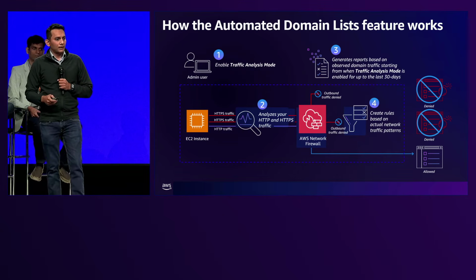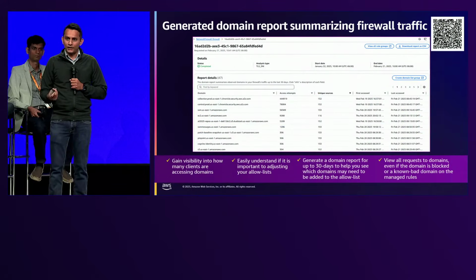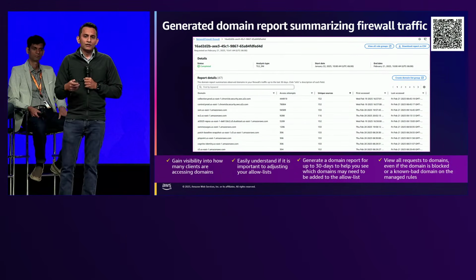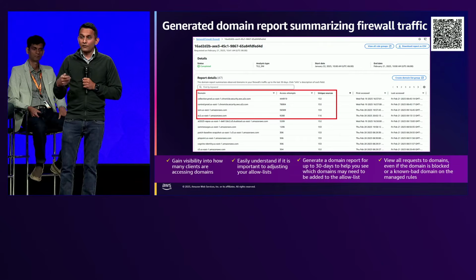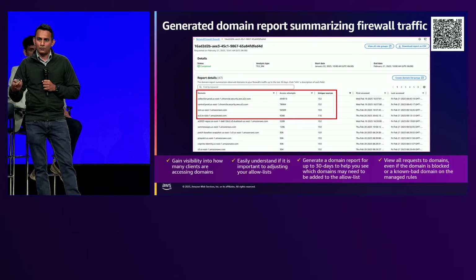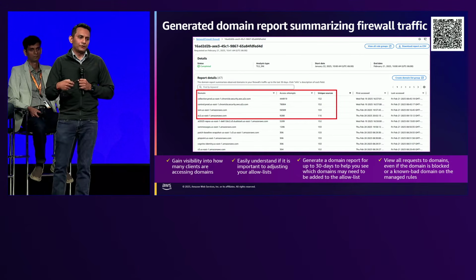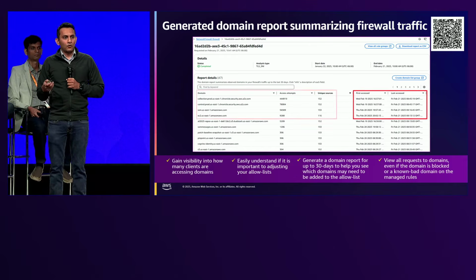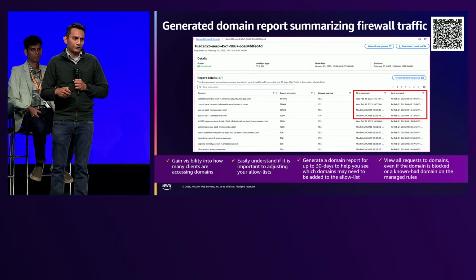So here is an example of a report that was generated, which helps you monitor all the domains, the frequency, that is the number of times these particular domains were accessed from your workloads, and the number of unique users or the workload IDs that were trying to access these domains. You can also get a timestamp on when this domain was last accessed.